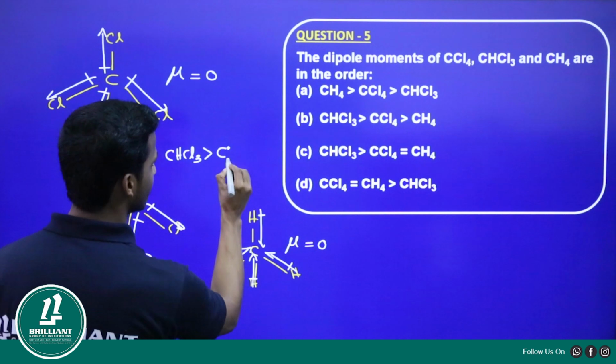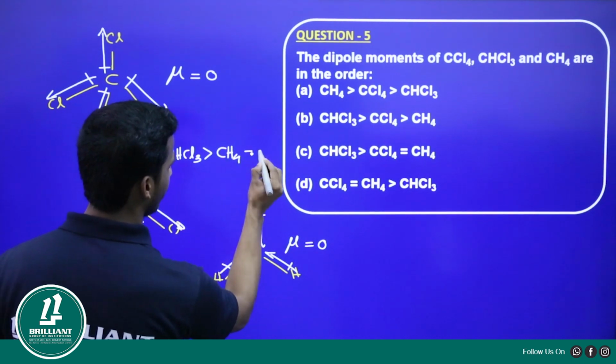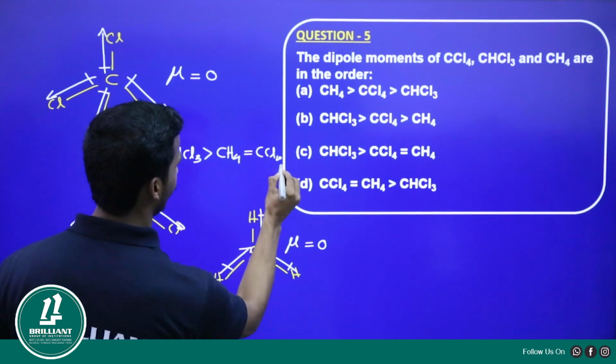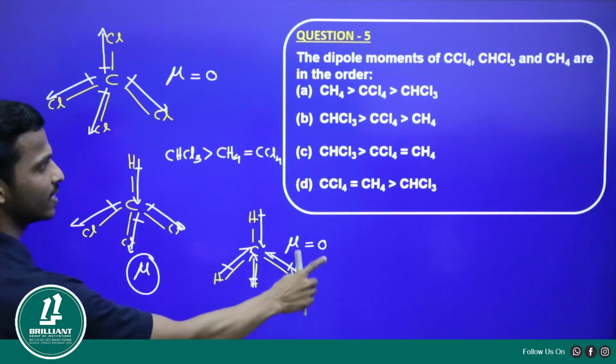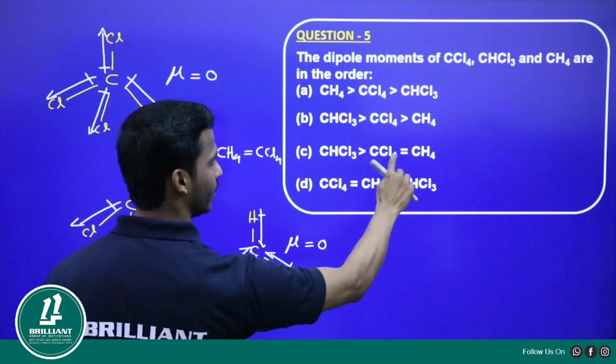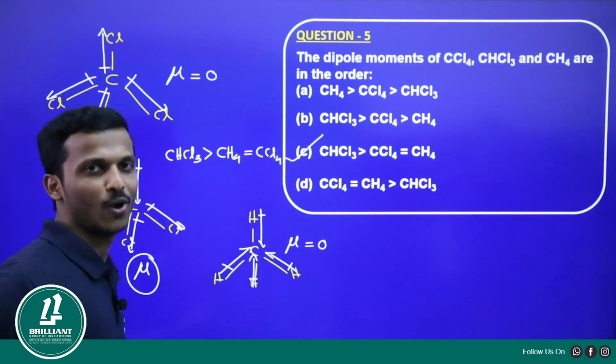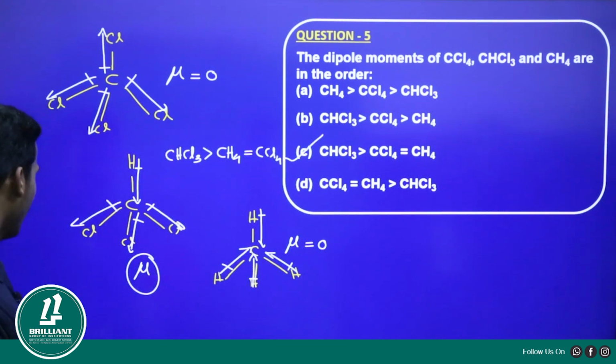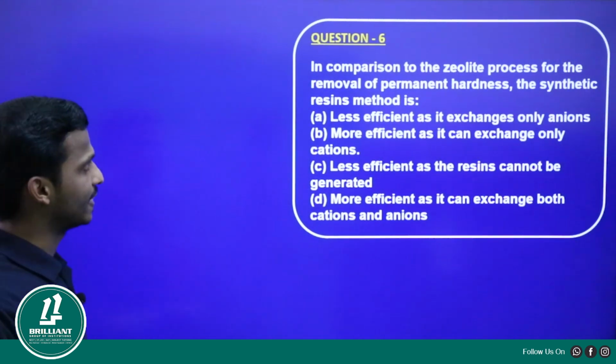So we can write CH4 equal to CCl4. CHCl3 is greater, CCl4 and CH4 have 0 dipole moment, they are equal. So your answer is option C. Right. Now let's go to question number 6.